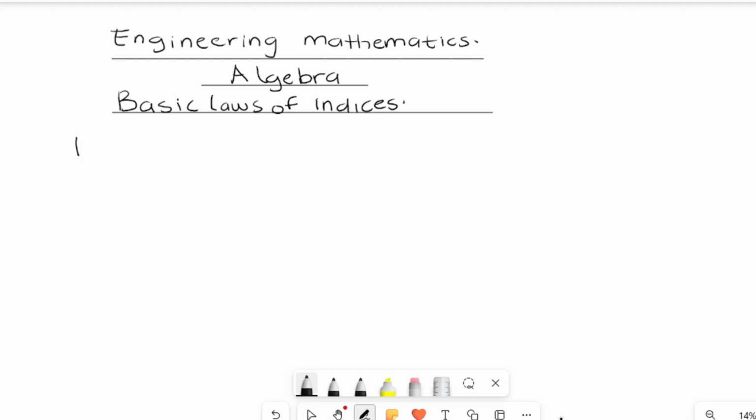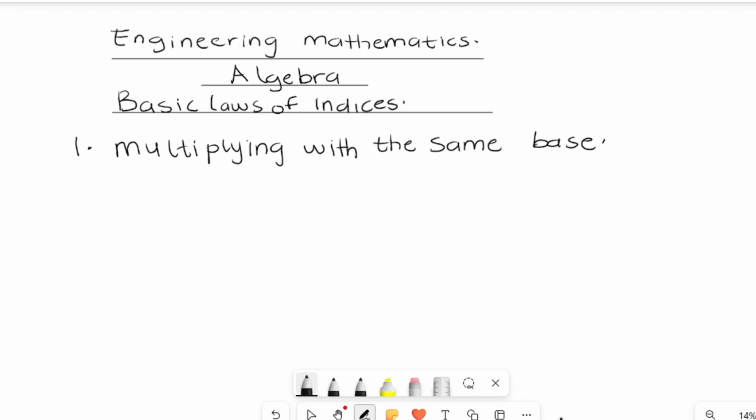Number one, multiplying with the same base. So like the law says, multiplying with the same base, we need two bases or more in order to multiply.